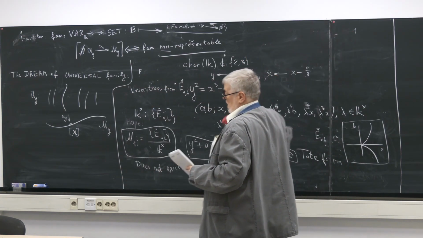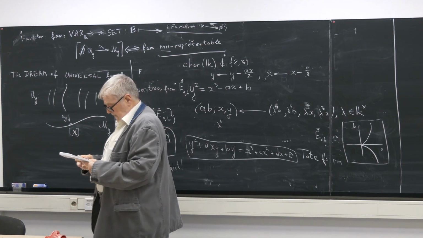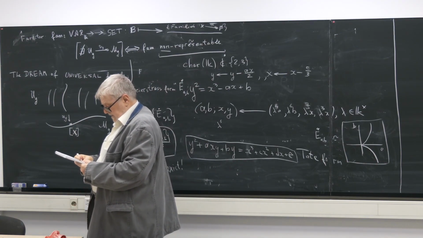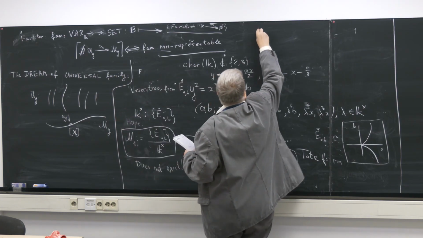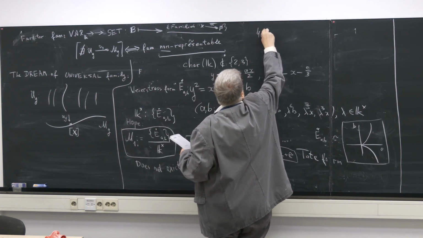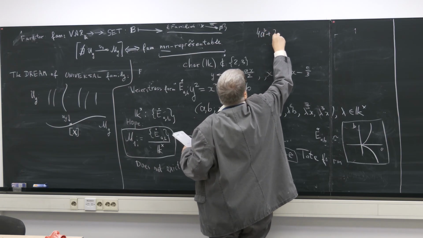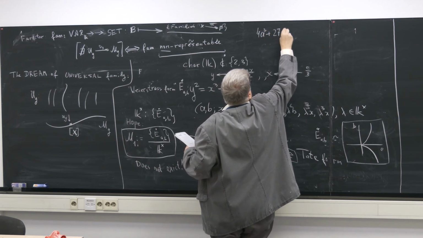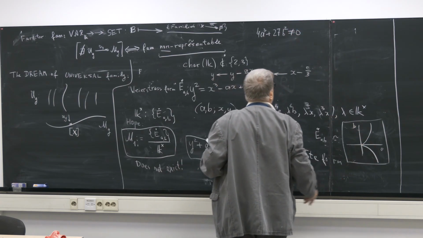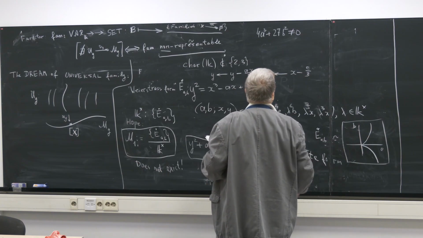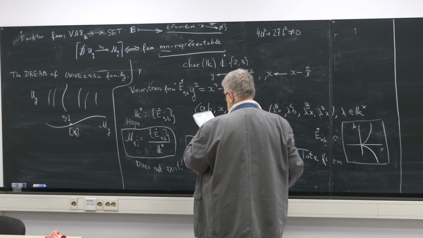And the non-singularity is just the condition that 4a cubed plus 27b squared is non-zero. Here's the equation of this semi-cubic parabola.